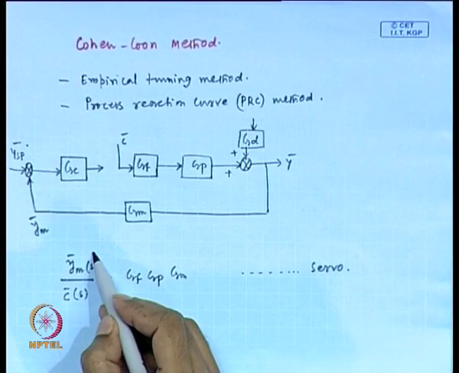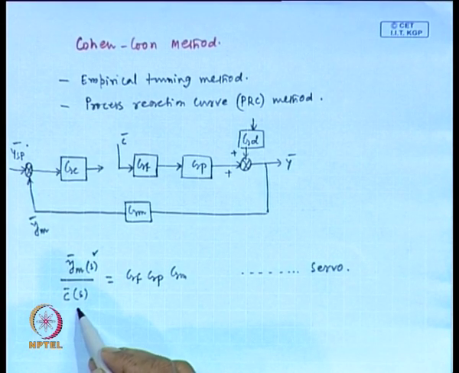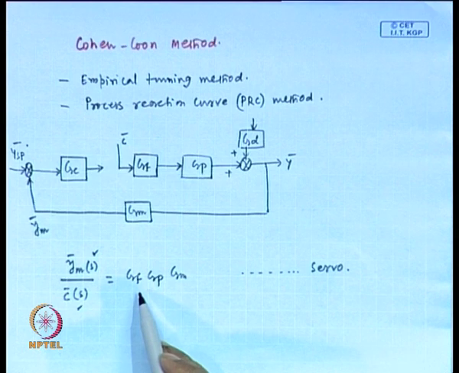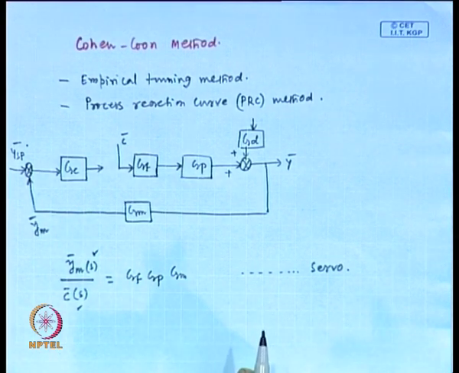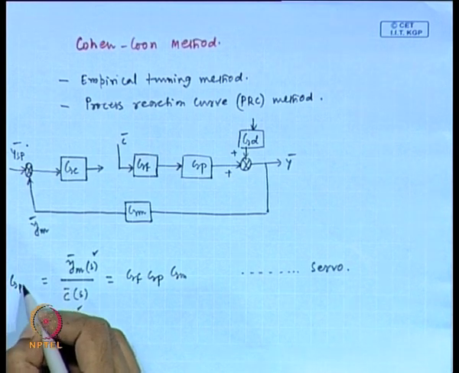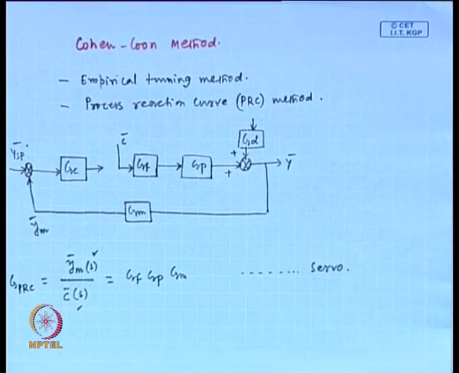Fine. Now we can write the output Ym bar divided by the input C bar equals Gf Gp Gm, and this is the transfer function of the process reaction curve.